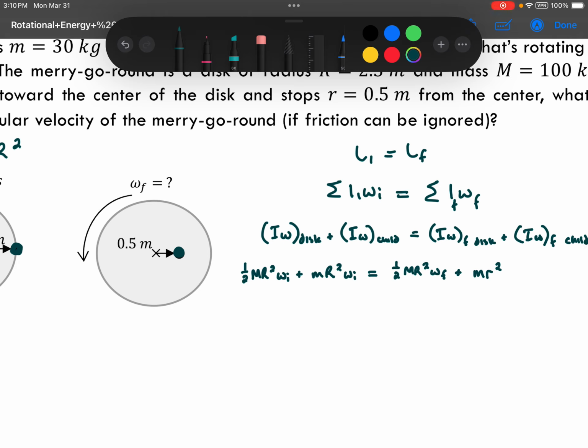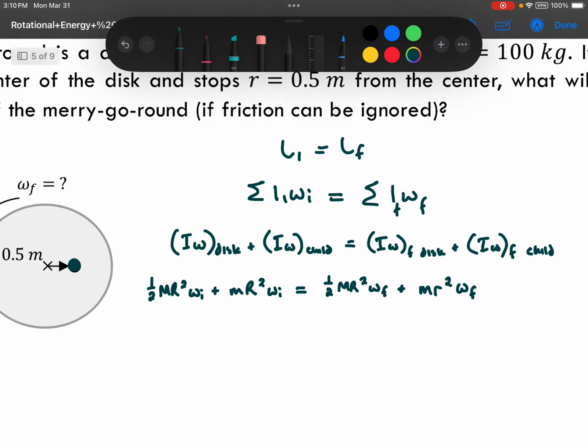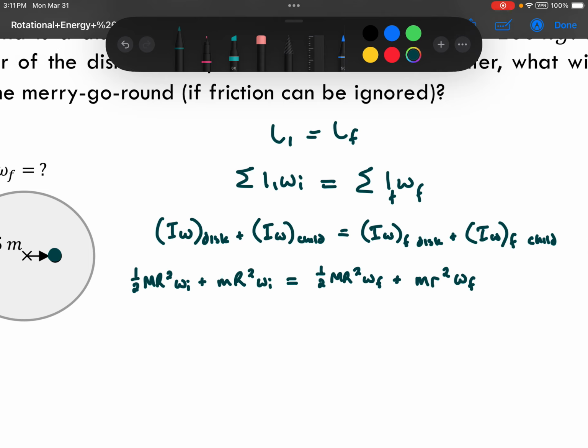This is our final angular velocity. Notice that I am using the same subscripts for the angular velocity on the left and right sides. The child is moving with the merry-go-round, so they're going the same speed, both before the child moves and after the child has stopped moving.